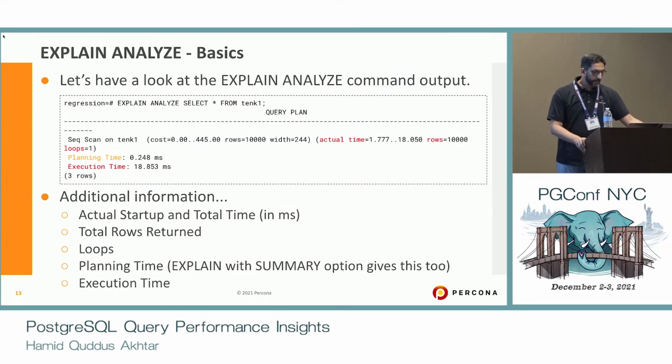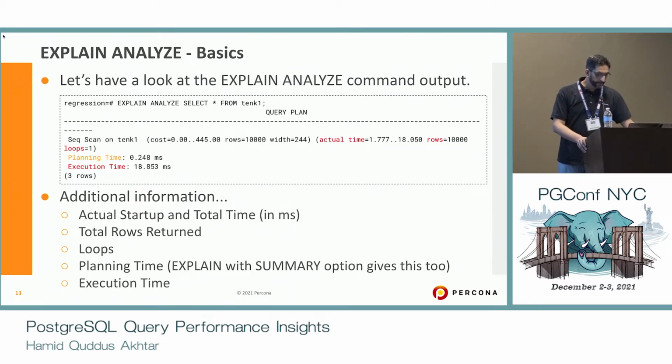Why is this important? Because it allows us to correlate the costs that the planner was estimating with actual time values. So you can see, for example, the cost and the time. Setup cost was 0, but there was actually some time spent there.